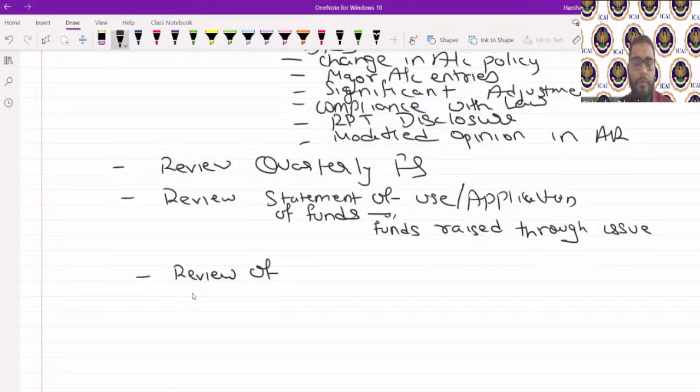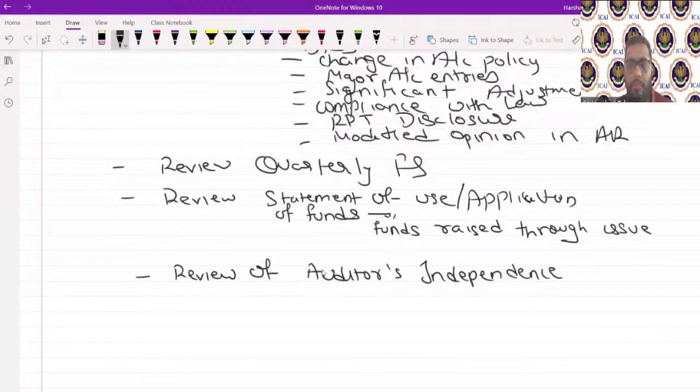Review of auditors' independence and effectiveness of audit process.